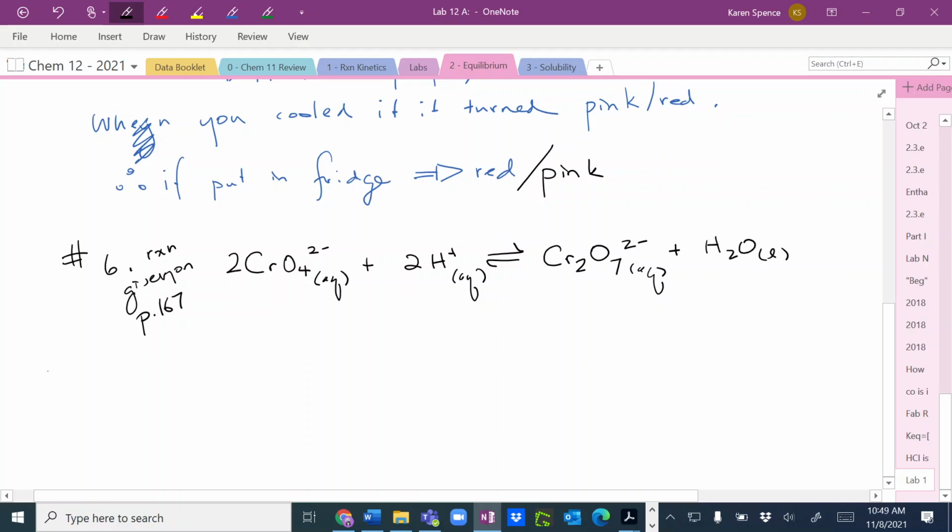All right. So we want the reaction of Cr2O7 2- with OH-. So what do we want Cr2O7 2- to be, a product or a reactant? We want it to be a reactant.